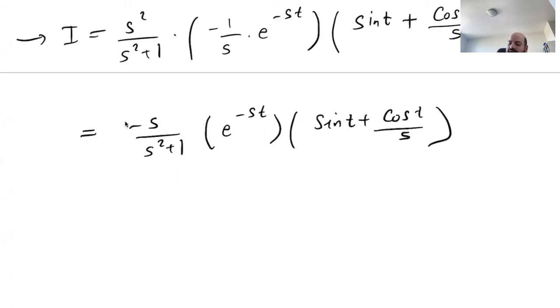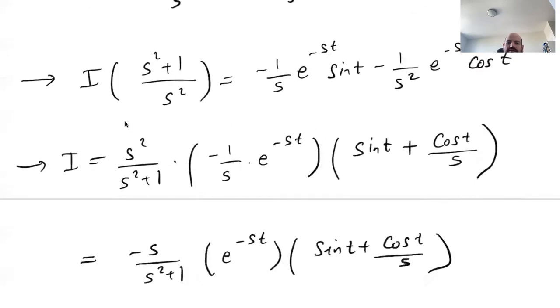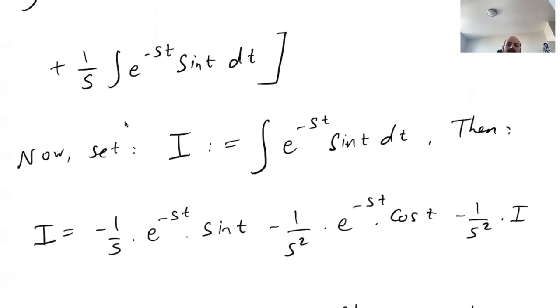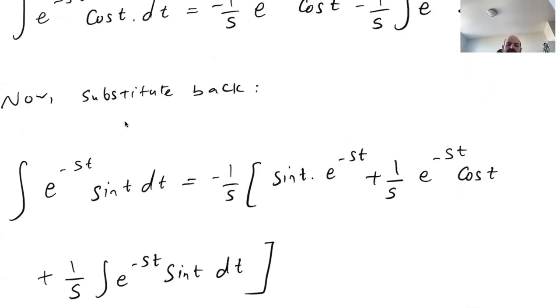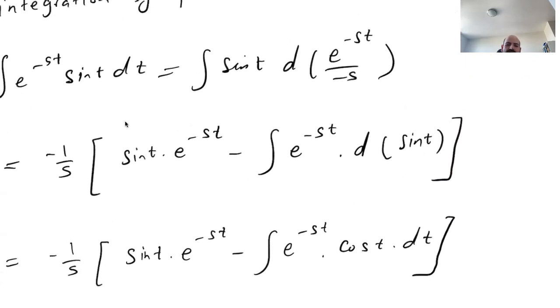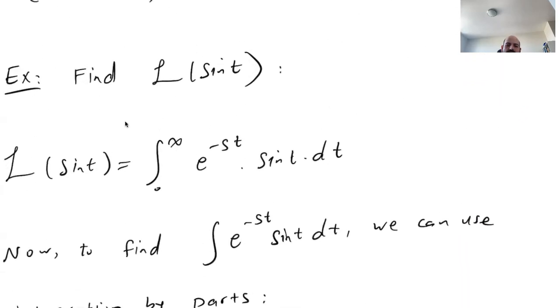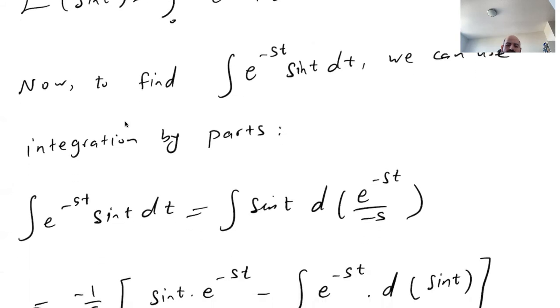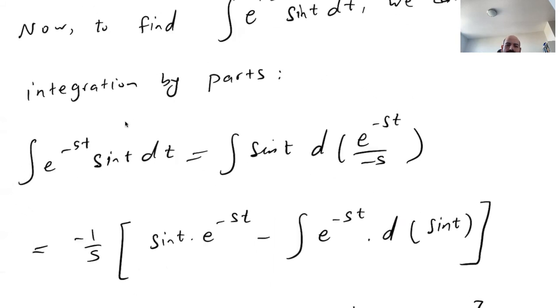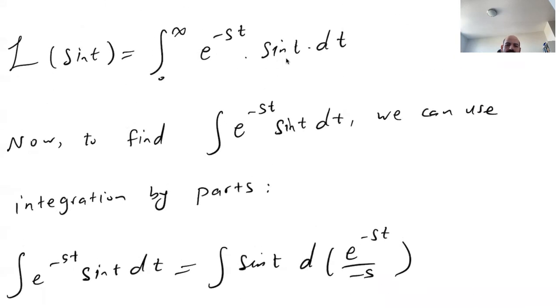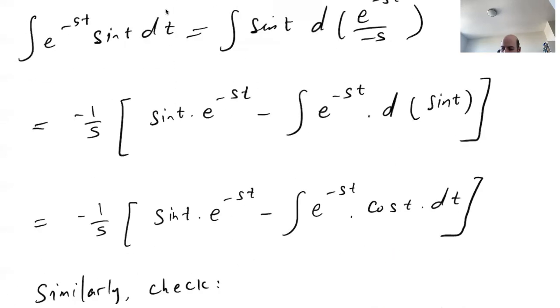Now, this was the integral that we wanted to calculate. This was the antiderivative. Now we need to calculate this integral between 0 and infinity. Remember that originally we had integral 0 to infinity of this expression. We found the antiderivative. Now we need to evaluate the antiderivative between 0 and infinity.